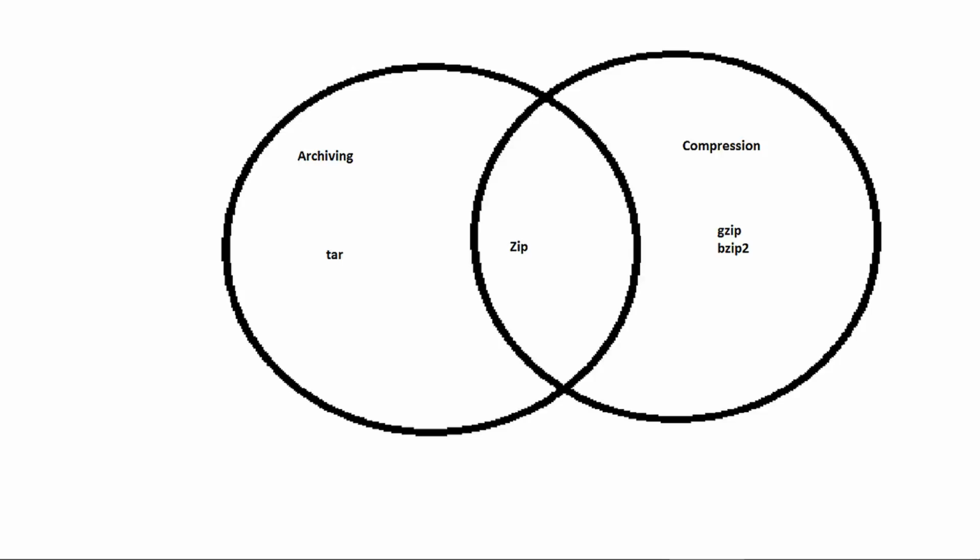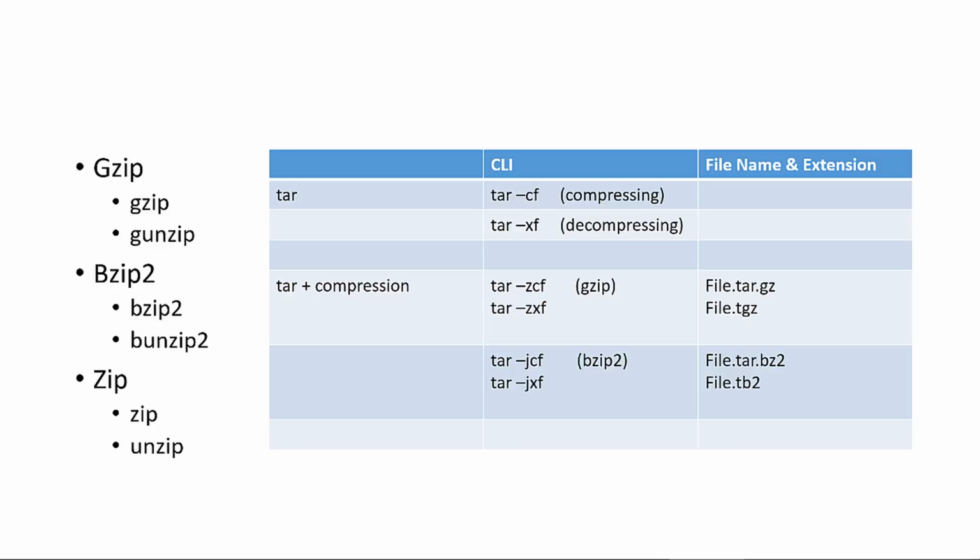You can archive them, but it's going to be fairly large. If you archive and then compress, you can get all those Word documents fairly small, and that way you can send just the one file that actually contains several Word documents. So now let's look specifically at different types of compression and zip.